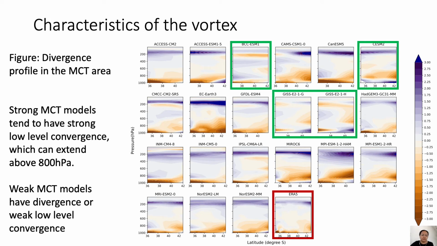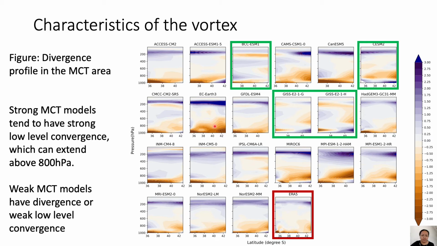Now, if we look at the divergence within that MCT area, we saw that the strong MCT models tend to have strong low-level convergence, which can extend to about 800 hectopascal. So let's say, for example, the EC-Earth, we have a very strong low-level convergence here.